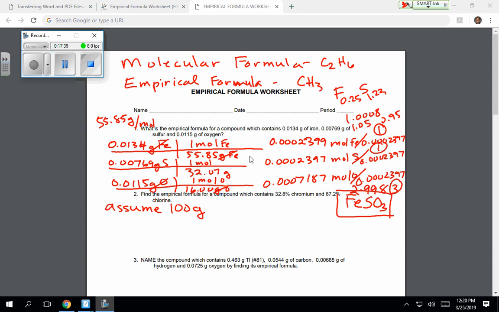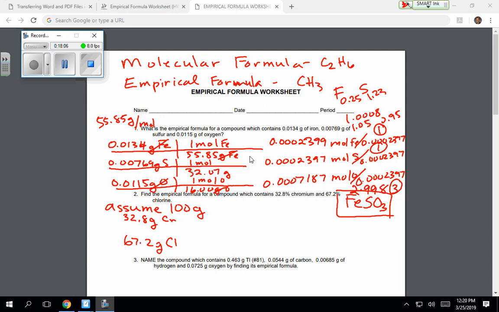So we're going to say 32.8 grams of chromium. And Nick, how many grams of chlorine do I have? 67.2 grams. Do you see why it's nice to assume 100 grams? Because if you had assumed 105 grams, you'd have to pull out your calculator and start calculating. You don't have to calculate anything here. It makes it so simple.